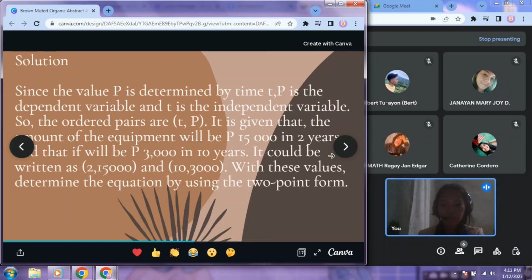It is given that the value of the equipment will be 15,000 pesos in 2 years and 3,000 pesos in 10 years. These values determine the equation by using the two-point form.